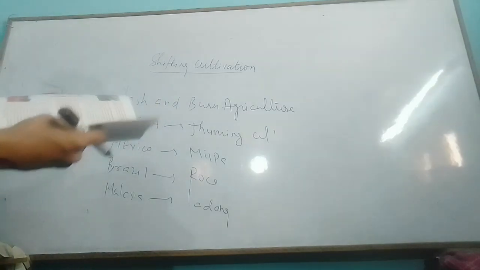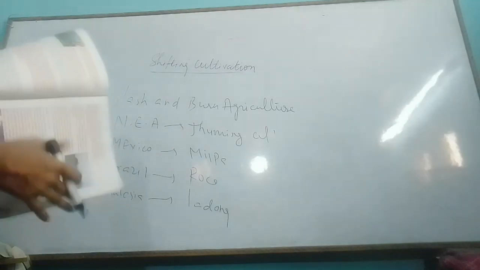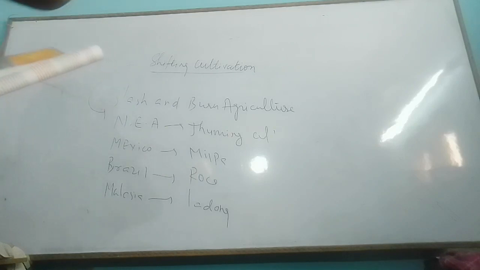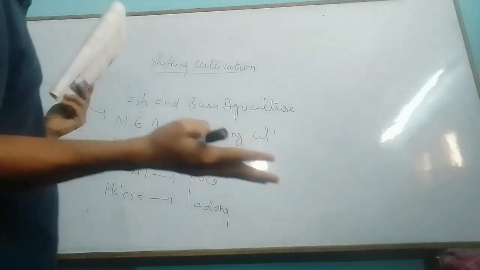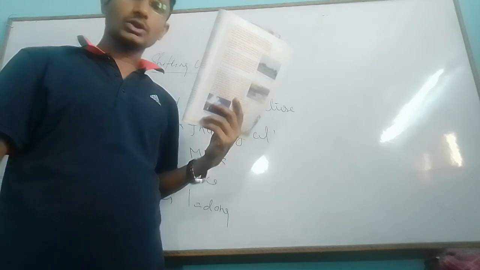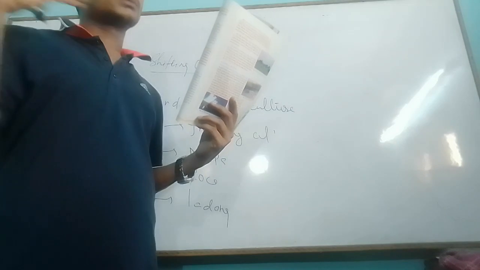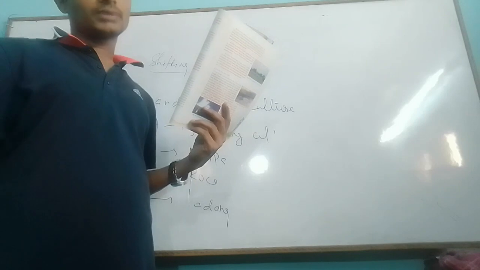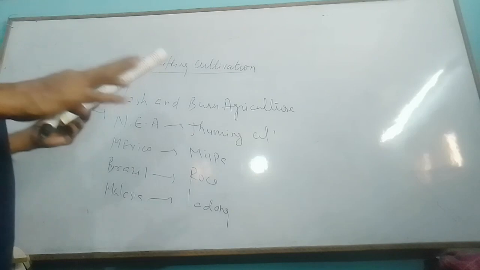Okay. Now next is food security. So first of all, what do you mean by food security? Food security means a type of security in which you store some food for future use, so that in the future you do not face any problems.